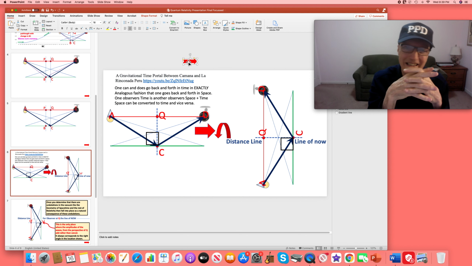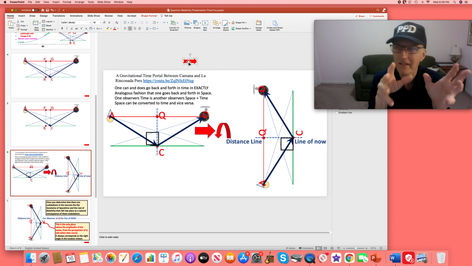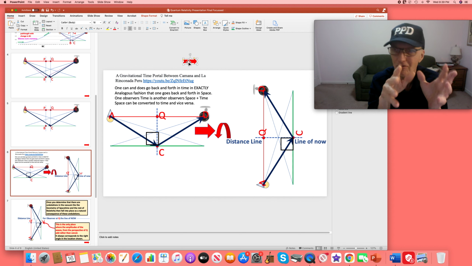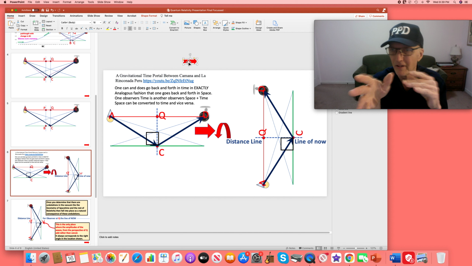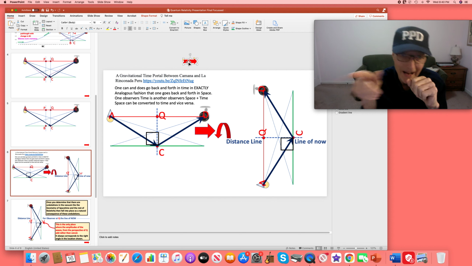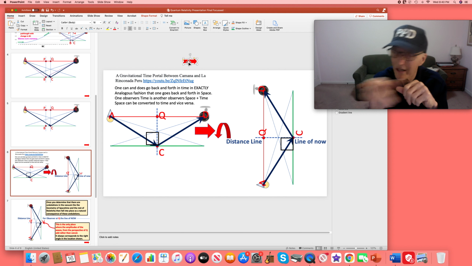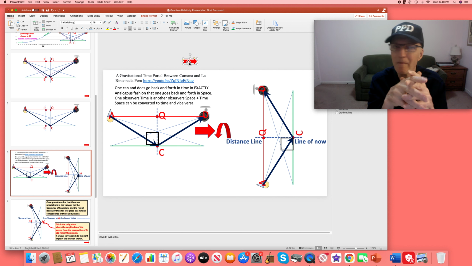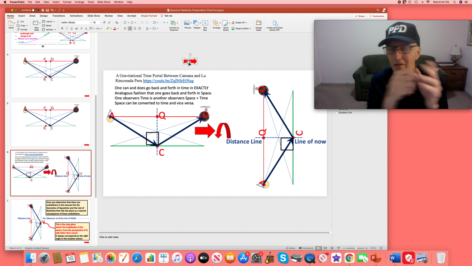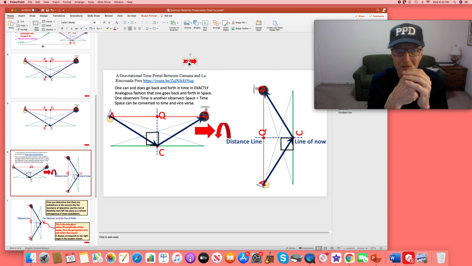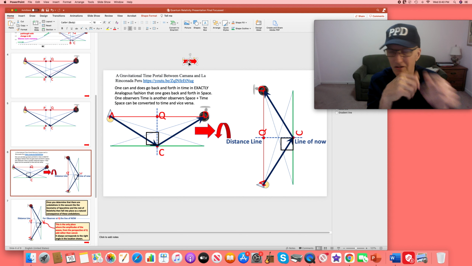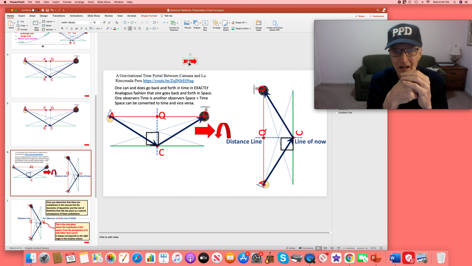So there really is a true deep equality between space and time, and we move back and forth in time in exactly the way that we move back and forth in space. I also show, in several places in the series of presentations that I'll show you at the end, that one observer's space is another observer's space and time.